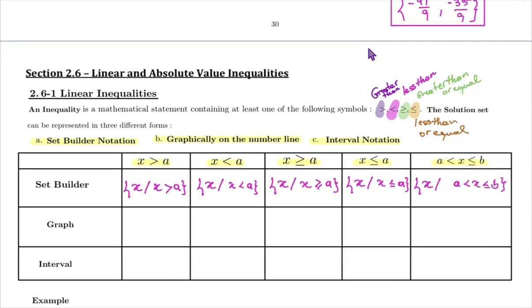So that is the set builder notation of your solution.